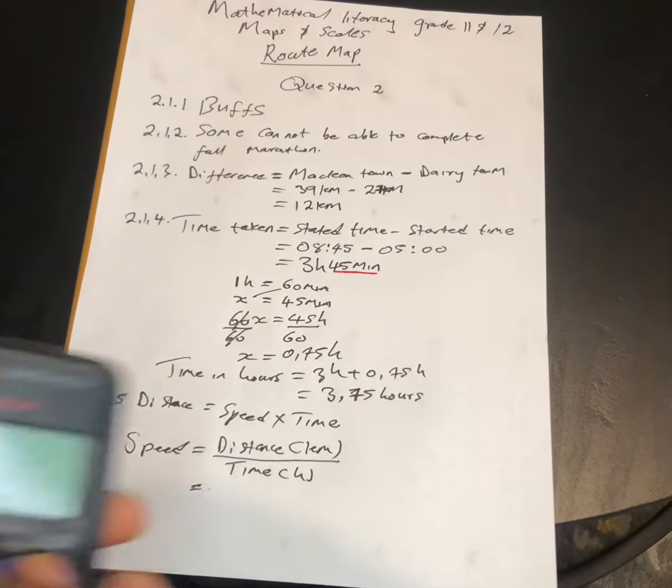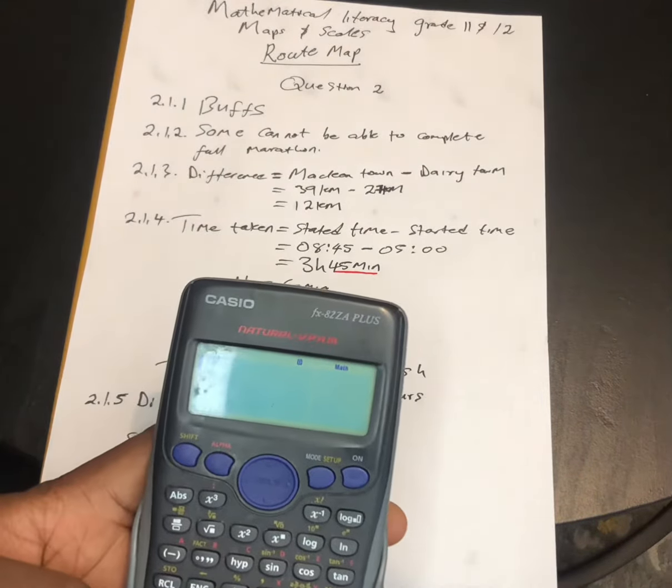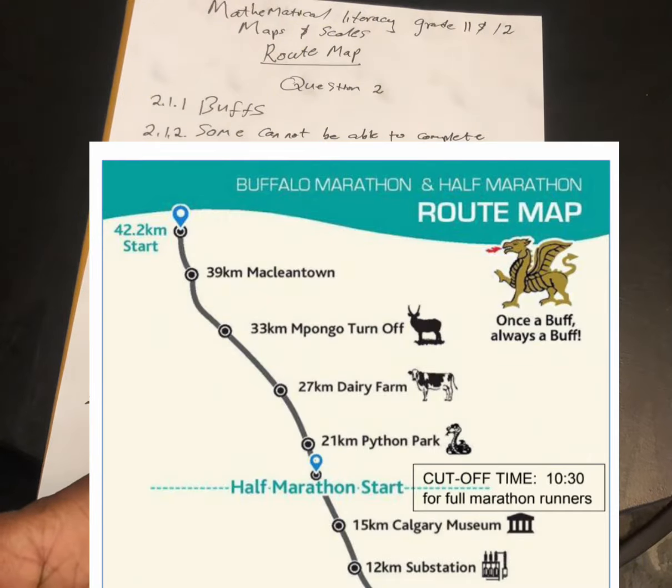The starting point is 42.2 minus Python park, which is 21.